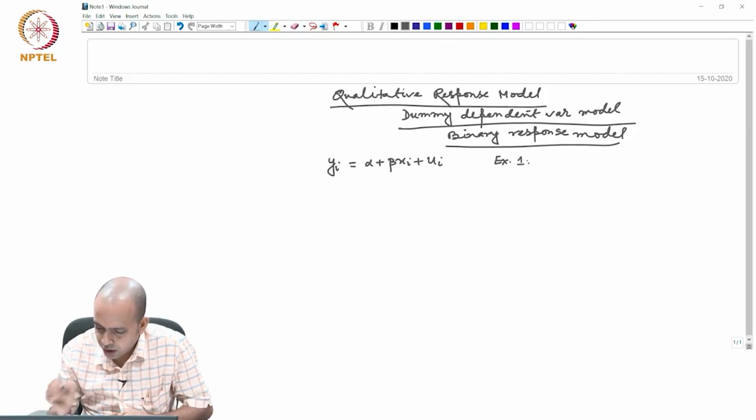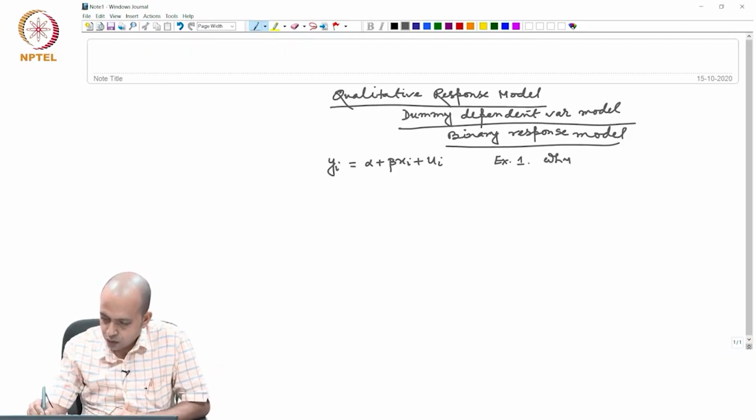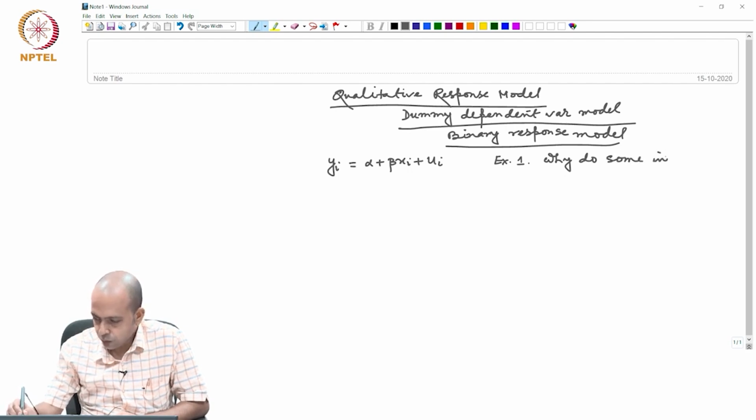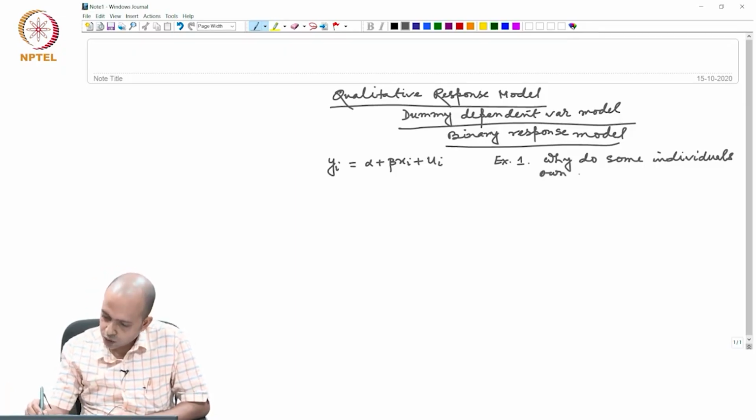Example number 1, let us say that our research question is, why do some individuals own their car while others prefer public transport.